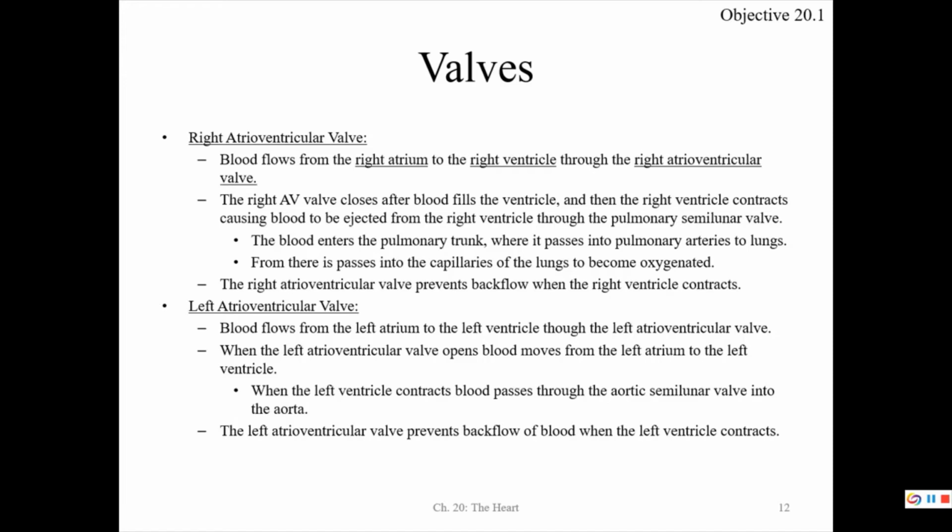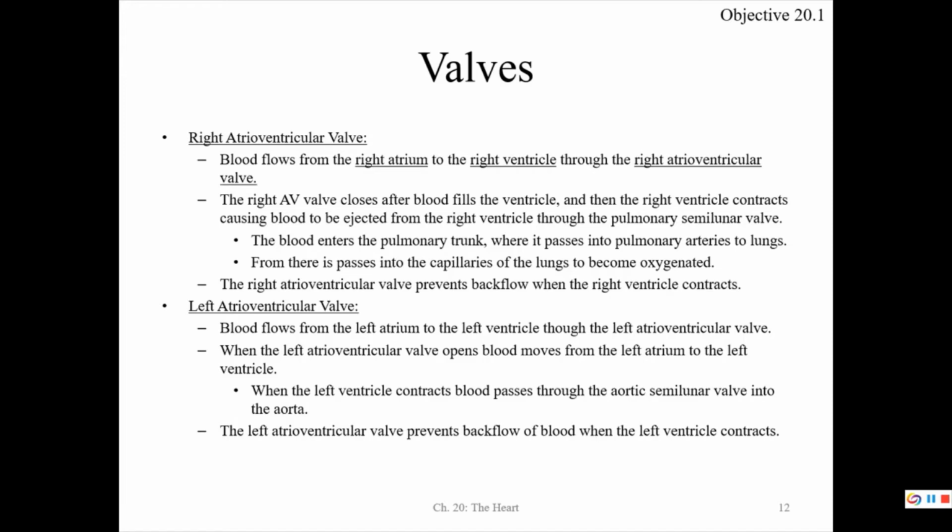Then the right AV valve closes after the ventricle fills, and the right ventricle contracts and squeezes blood out the pulmonary semilunar valve. The same thing is also happening on the left side, almost exactly simultaneously, with only very minor delays.